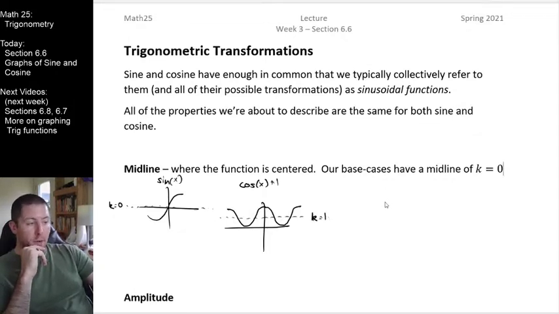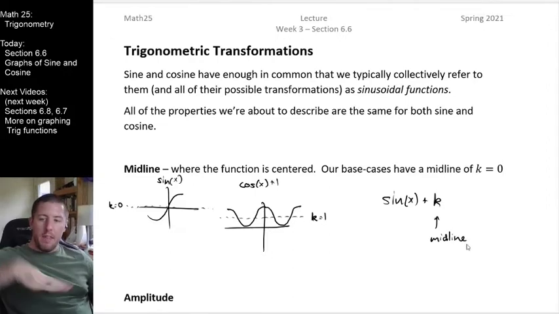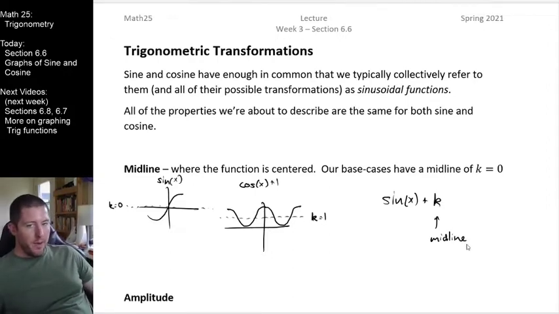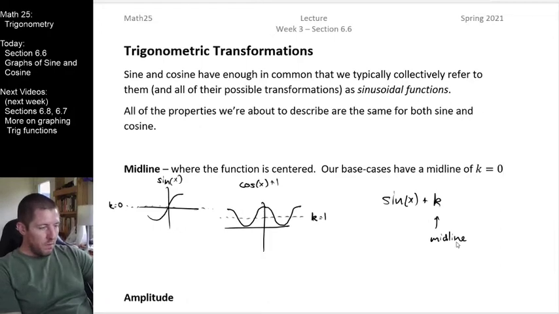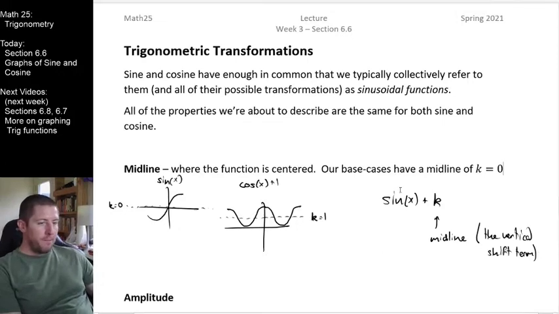And so our midline we can always describe as our sine of x plus k. That's always going to describe where the midline of our graph is. It's the center of that sinusoidal up and downing that we're doing right there. So putting a plus k on the end is going to be our vertical shift term. And if k is negative, that just means go down. That's all that's doing there.